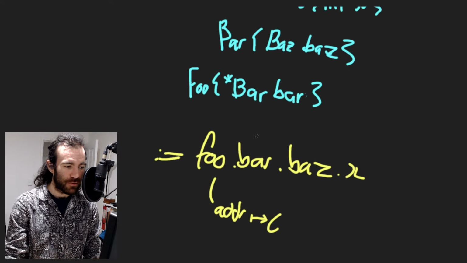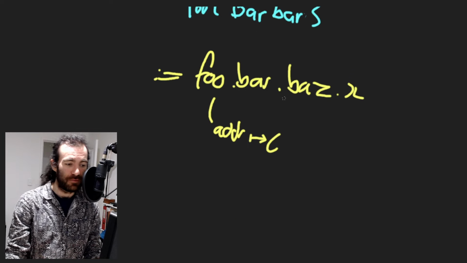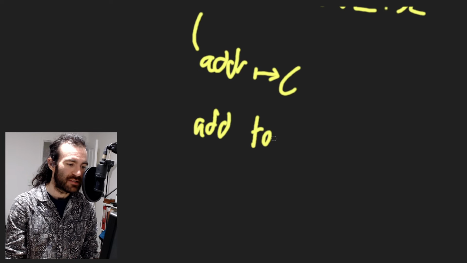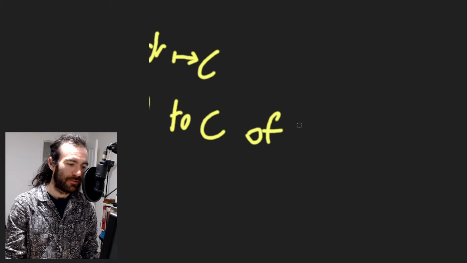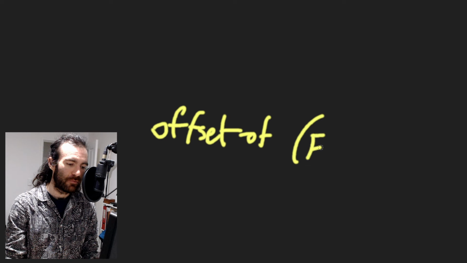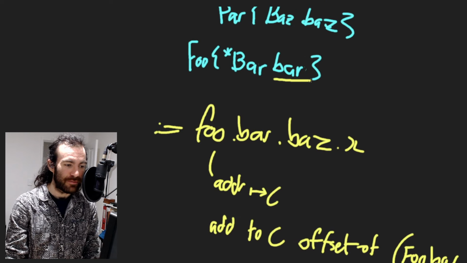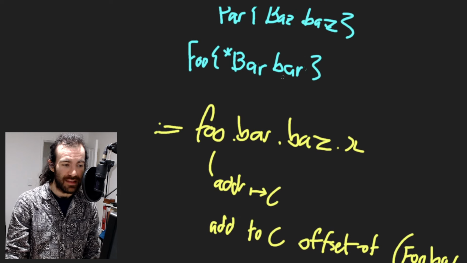To get to the field bar, we need the offset of the field bar. So then we want to say add to C offset of foo.bar. Perfect. So now we have this field, the address of it in register C. Now what is this field?